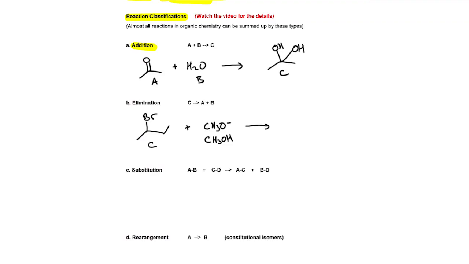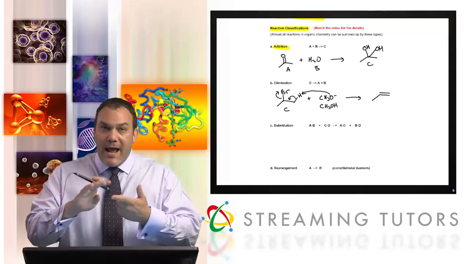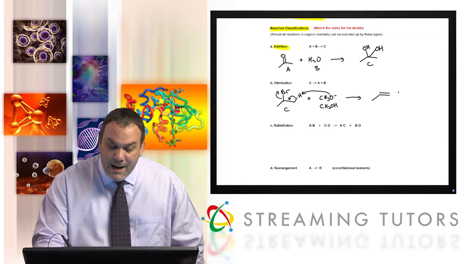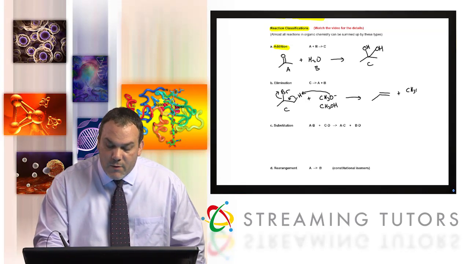If I take the H from this neighbor carbon and pull it off by using a base, this is an acid-base reaction, where the CH3O- is protonated. Well, then this can go here and make a double bond and the Br can leave. So we've just eliminated from this molecule C an H and a Br. So we have that plus CH3OH plus Br-.